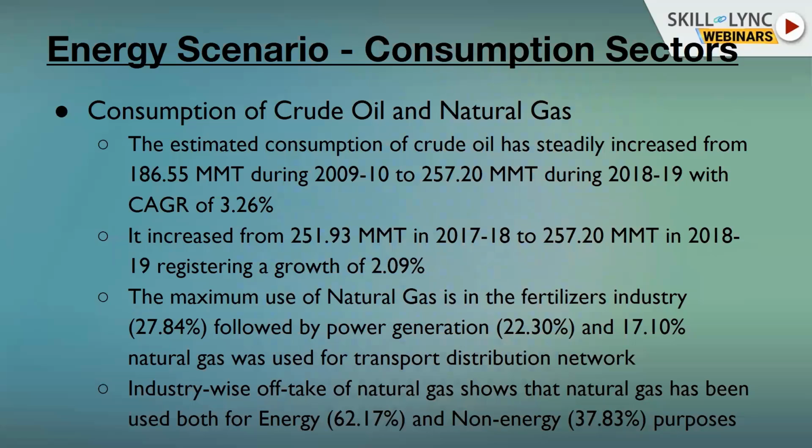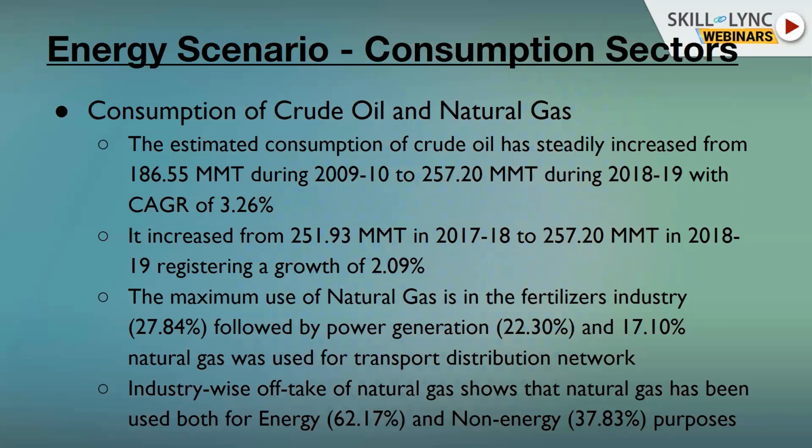During the year 2009 to 2010 it was 186.55, and it has increased to 257 million metric tons in the year 2018-19. Here also you can see the CAGR, the compound annual growth rate, is 3.26%. Within certain years it has increased by 3.26.